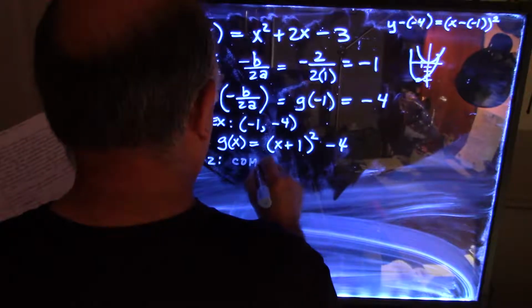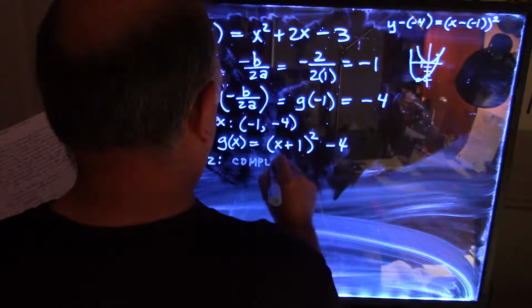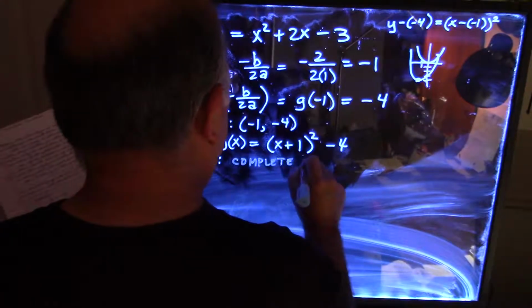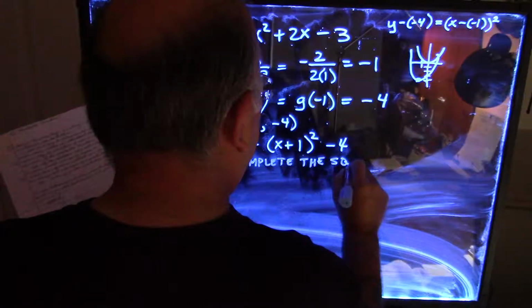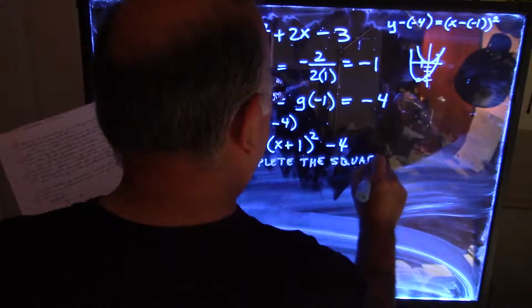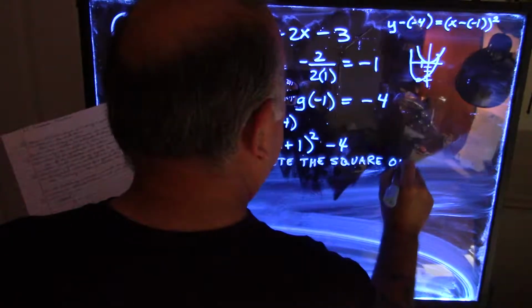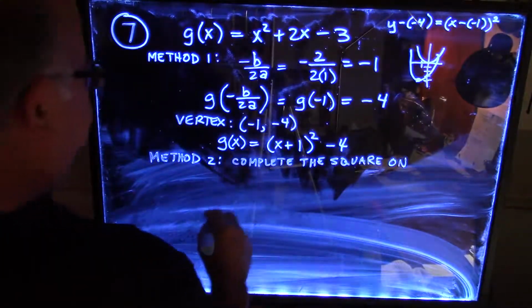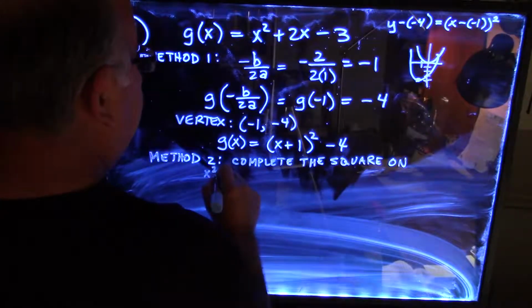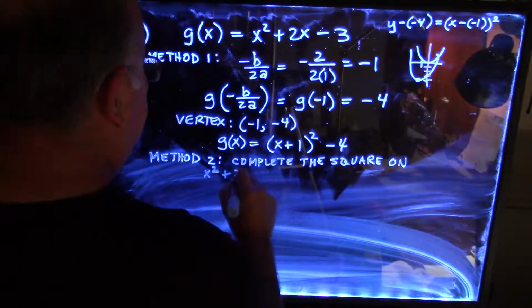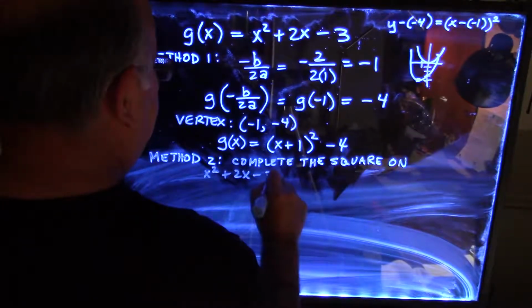Complete the square on this quadratic here, x squared plus 2x minus 3. That's what we're going to do.